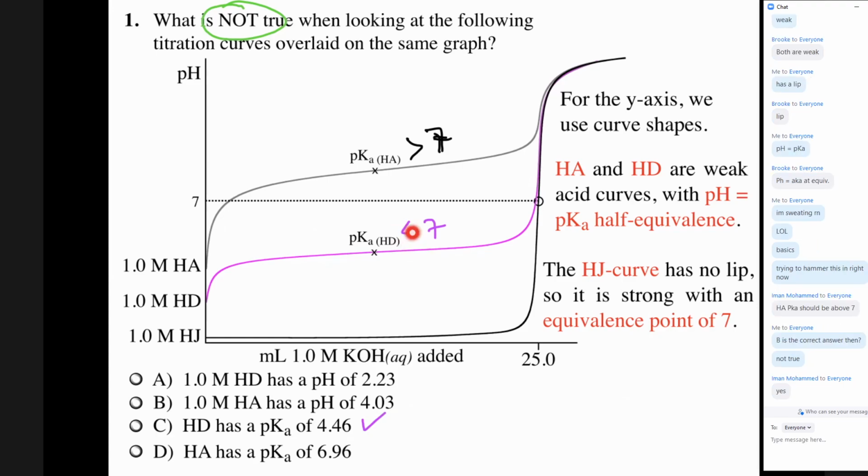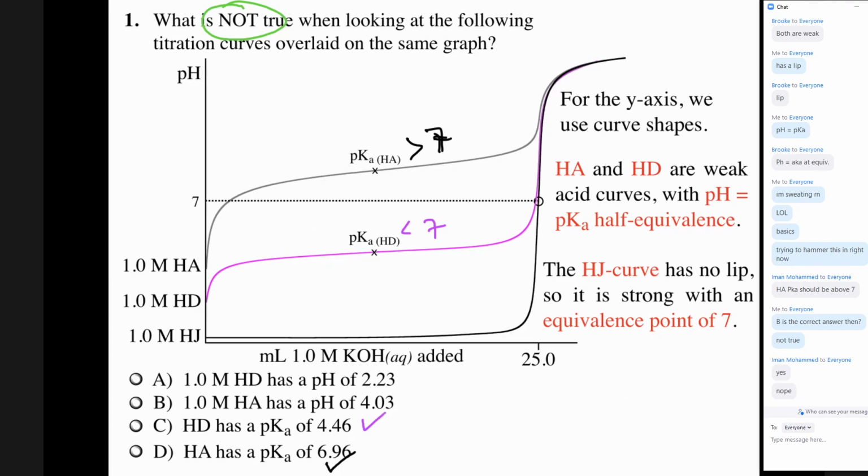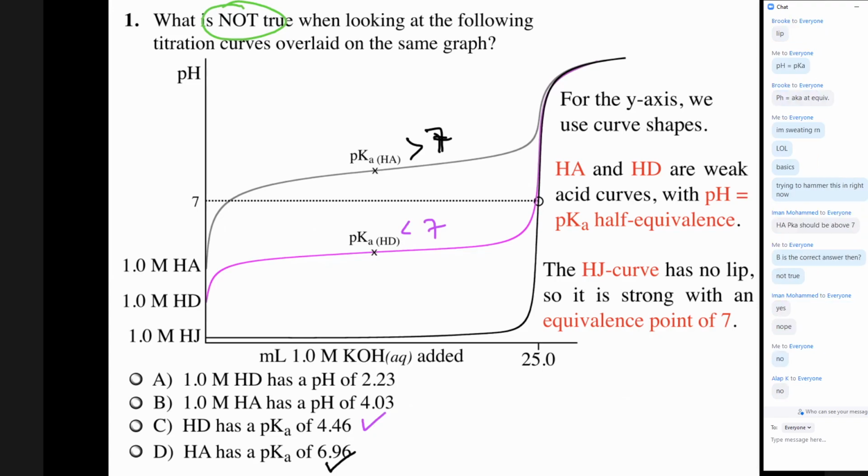Is that reasonable? That could be 4.46. Sure. Is it reasonable that this one could be 6.7 or 6.96? Nope, it's got to be above. So this is my not true statement.